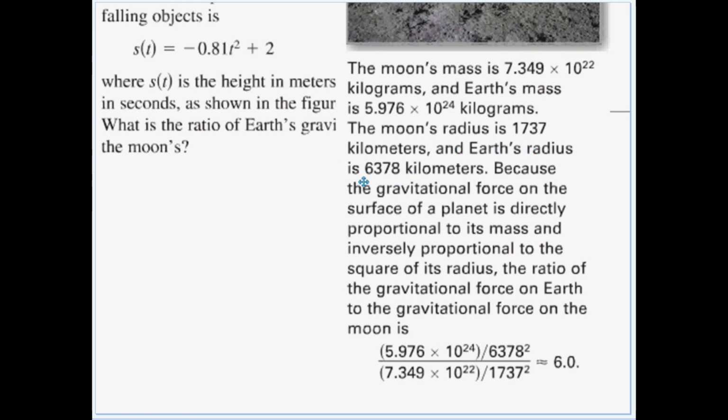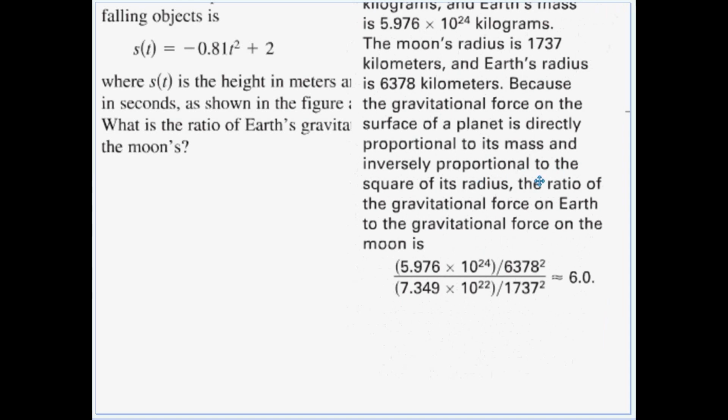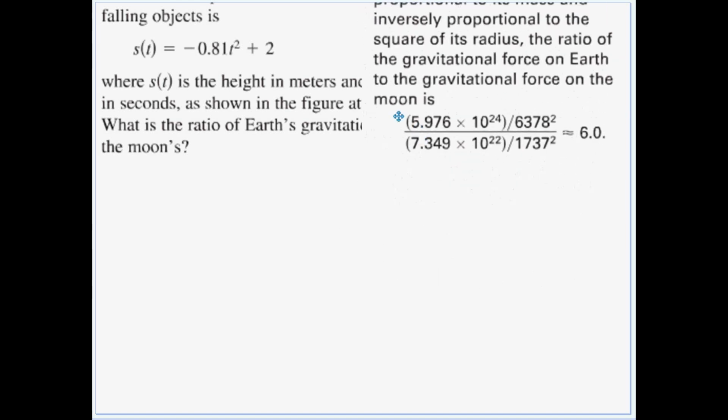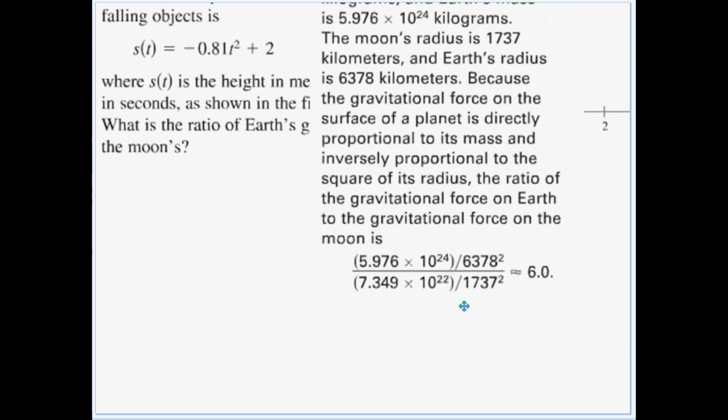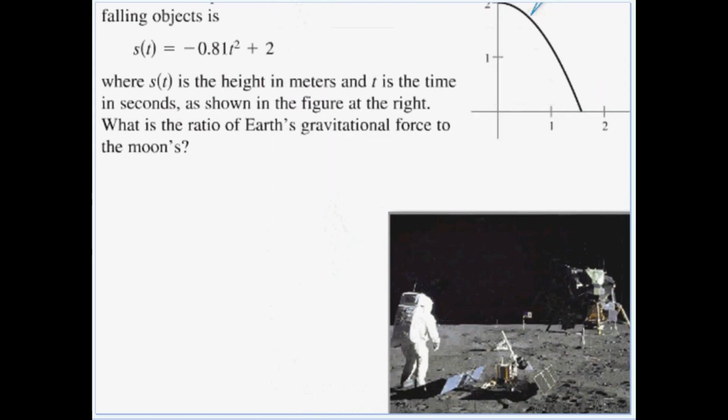Earth's radius, 6,378 kilometers. Because the gravitational force on the surface of a planet is directly proportional to its mass and inversely proportional to the square of the radius, the ratio of the gravitational force of Earth compared to the gravitational force of the moon, when you do that dividing out, you still get the same 6.0.